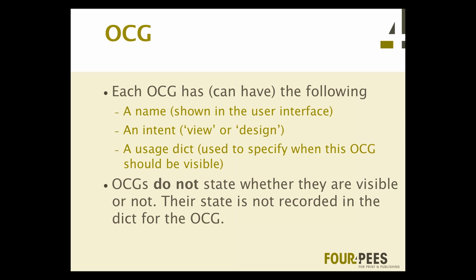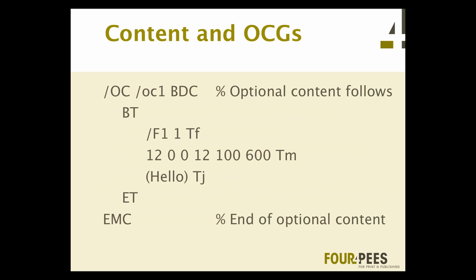It simply says, I'm a piece of optional content, and then if you look at the actual content of the page, that content will reference one of those OCGs to say, the content that follows now is part of this particular OCG. So on the one hand, you have a definition somewhere of all of the different optional content groups in the document. And on the other hand, the page content can tell that it is part of one of those optional content groups.